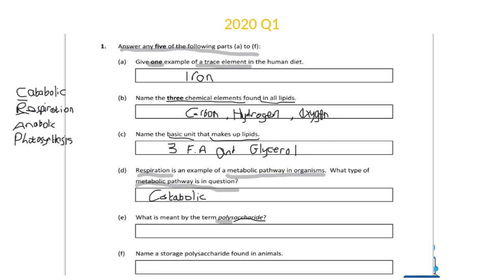So polysaccharide means many sugar units. And that's all you simply need to say.